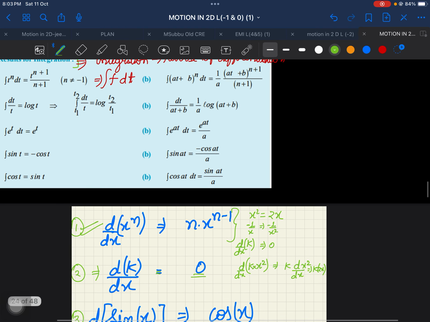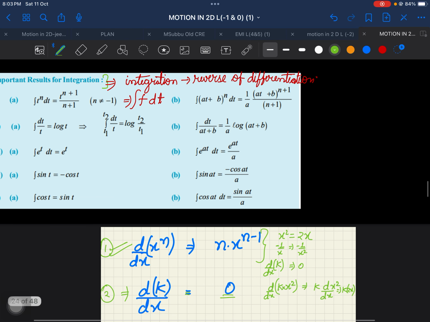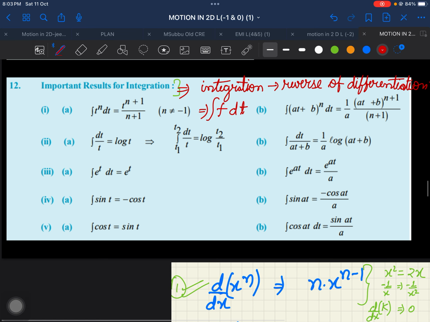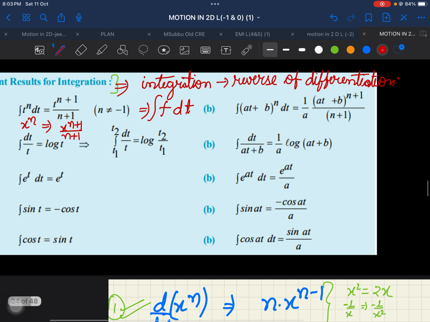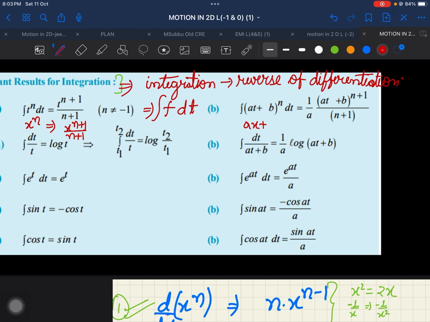So the integration of, let me write it here only. Just check all of you, simple, the integration of x to the power n is equal to x to the power n plus 1 divided by n plus 1. All right, now suppose here we have ax plus b to the power n dx. Clear? The integration will be nothing but what you do in x.